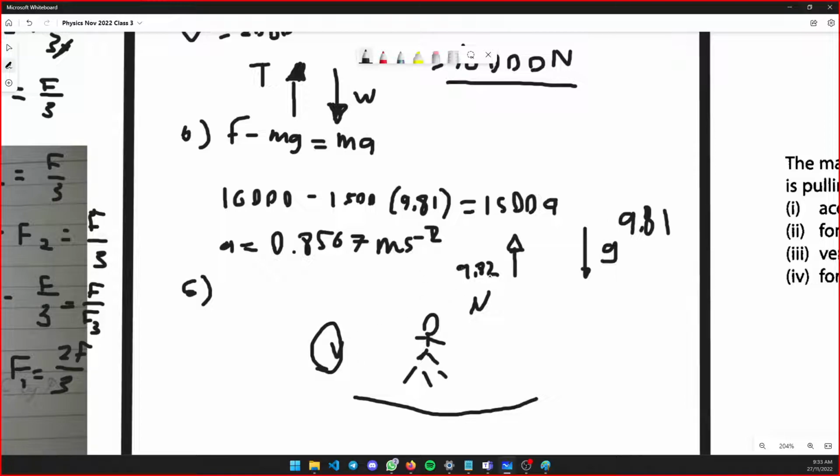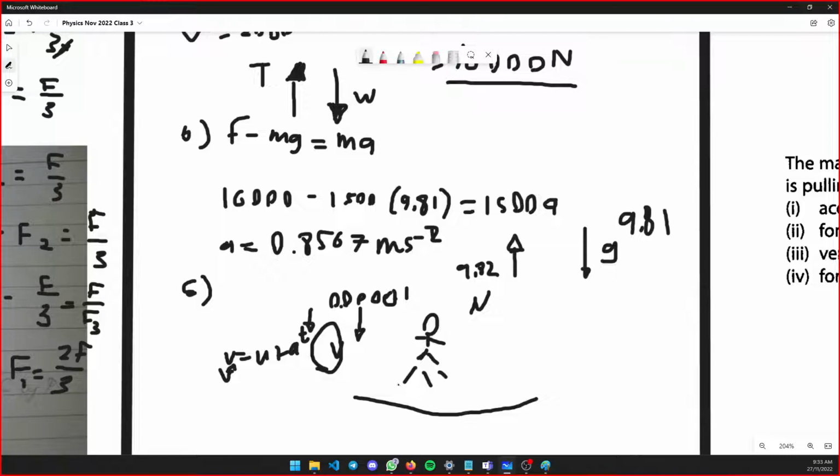Even this minute amount, you'll be slowly going up, and your velocity will be increasing. Why? Because there's an acceleration. If there's acceleration, there's change in velocity. Maybe your velocity starts very slow, like 0.0000001, but it slowly increases. V equals U plus AT, so your velocity will only increase as time increases.